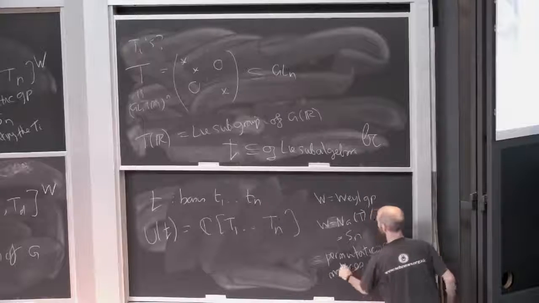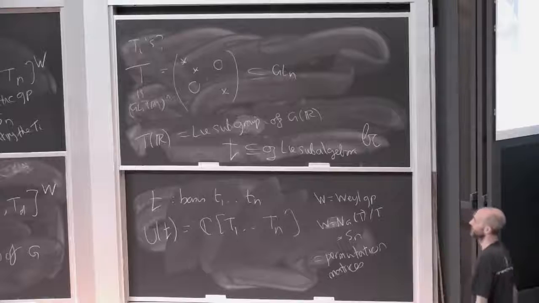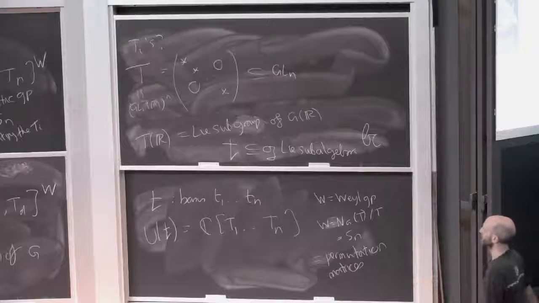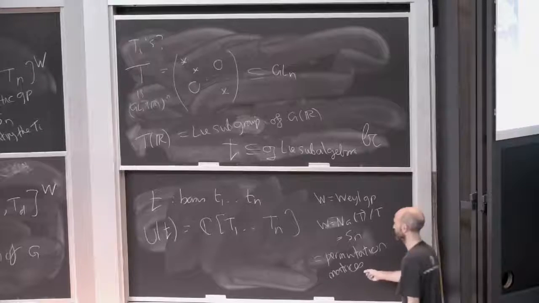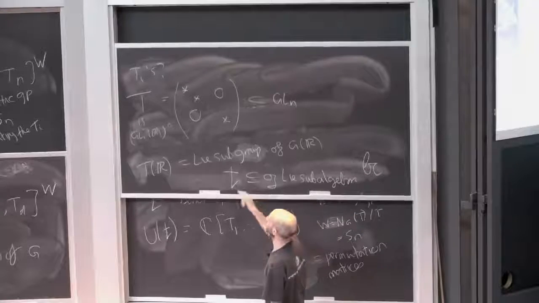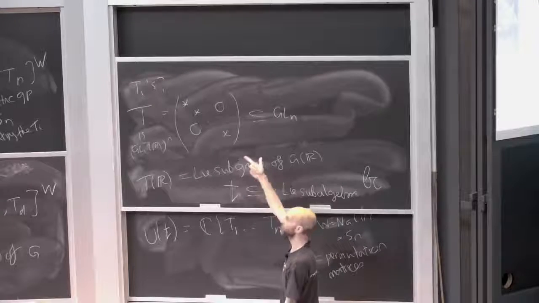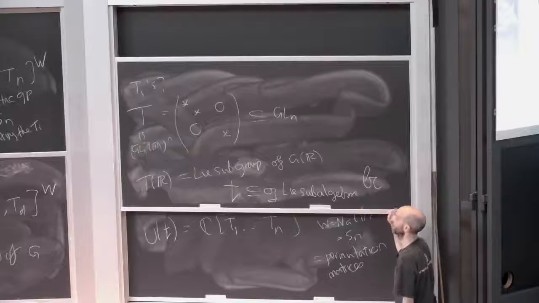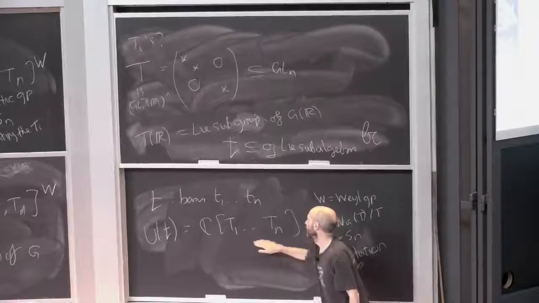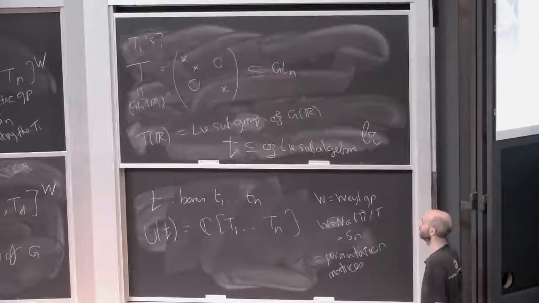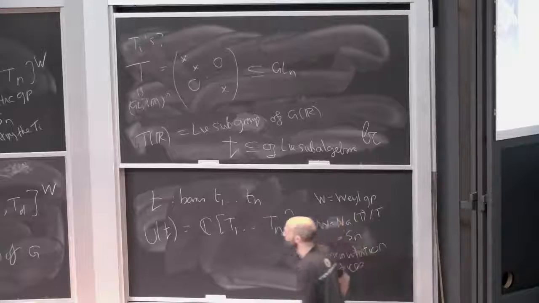Permutation matrices are, from a vector space point of view, linear maps that permute the basis elements around. So what do they do to T? They just permute the order of the little stars. So lo and behold, they permute these T's, and that's how it works.